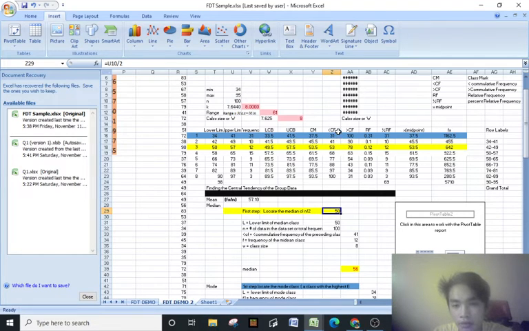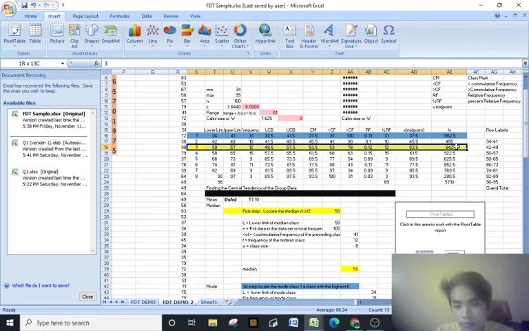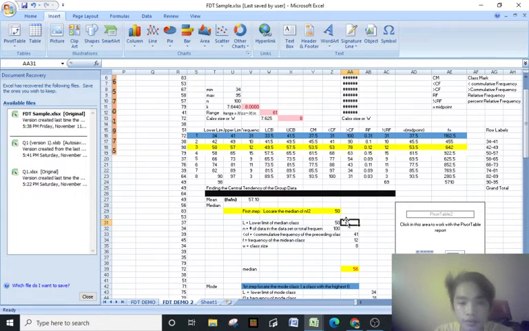So 1 to 31 has no 50, 1 to 41 has no 50, so 1 to 53, and there is the 50. So I highlighted this because it has the 50, the median. So look at that. Next, we highlight the median row.